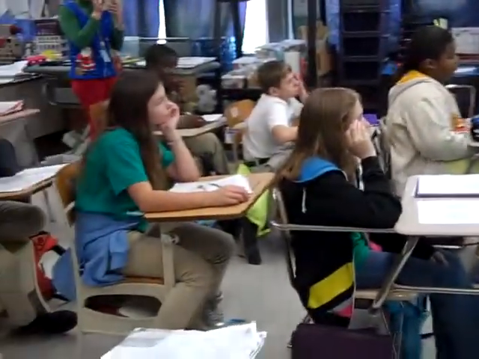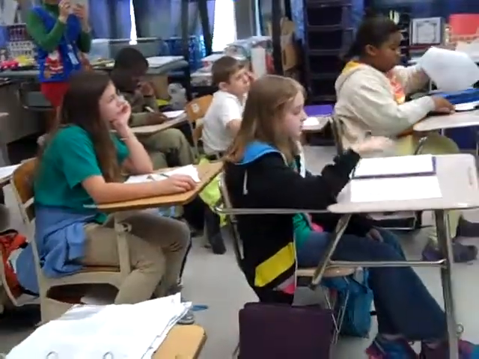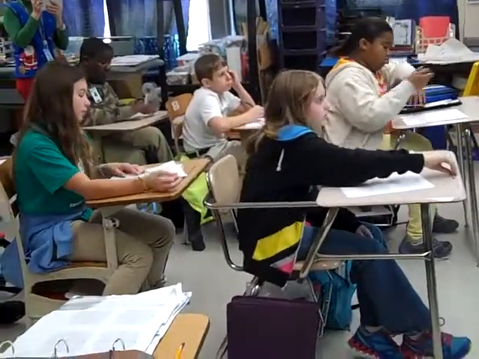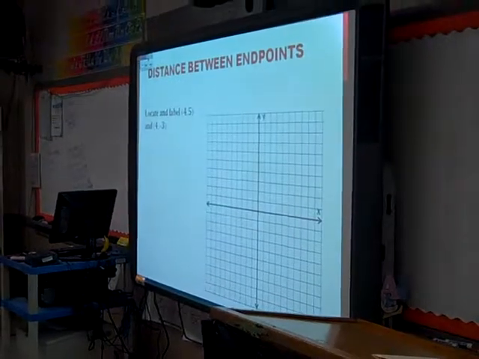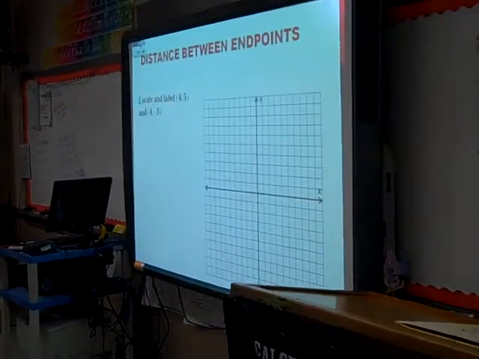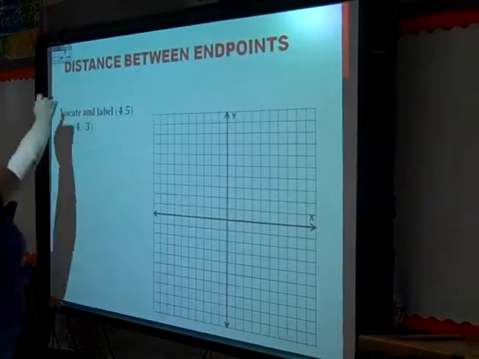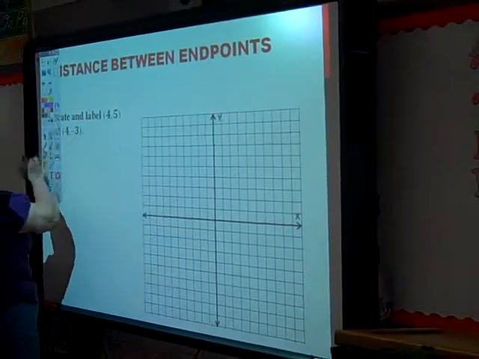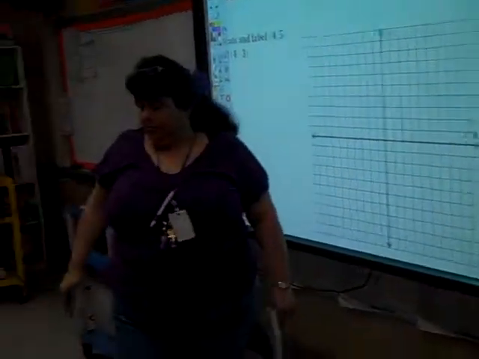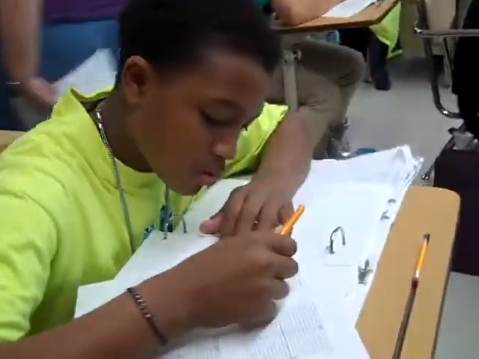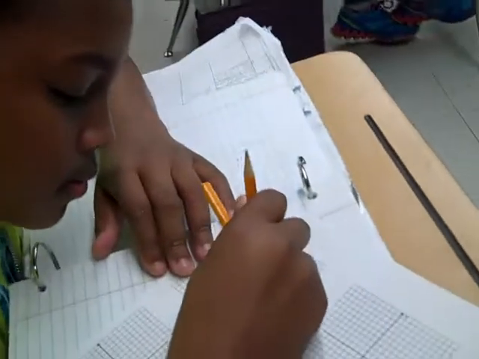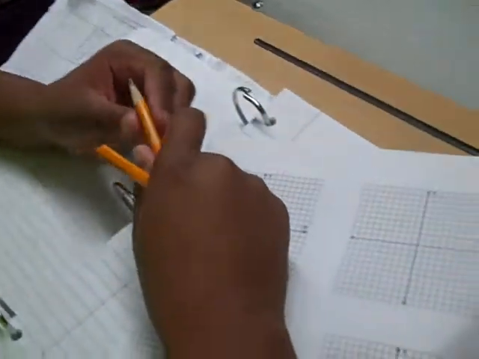On your grid paper, I want you to locate coordinates 4, 5, and 4, negative 3. So use the first grid. I know your numbers are not there, but all we have to do is count the lines.